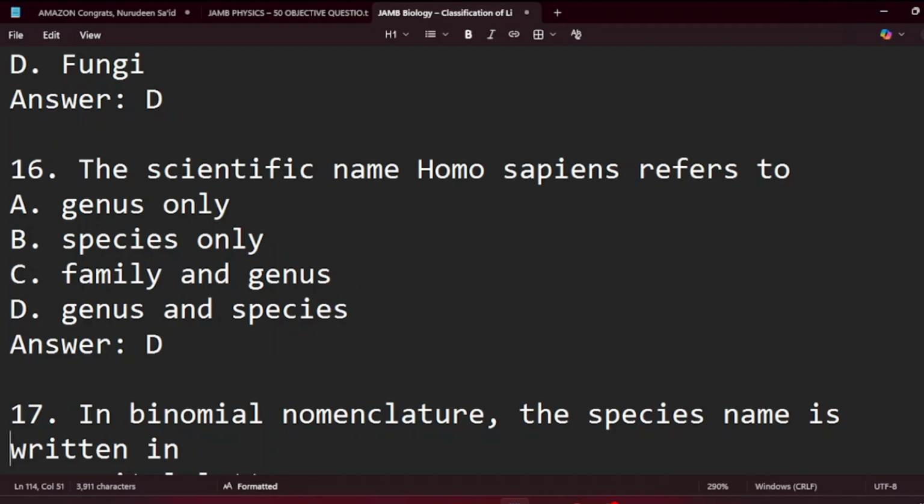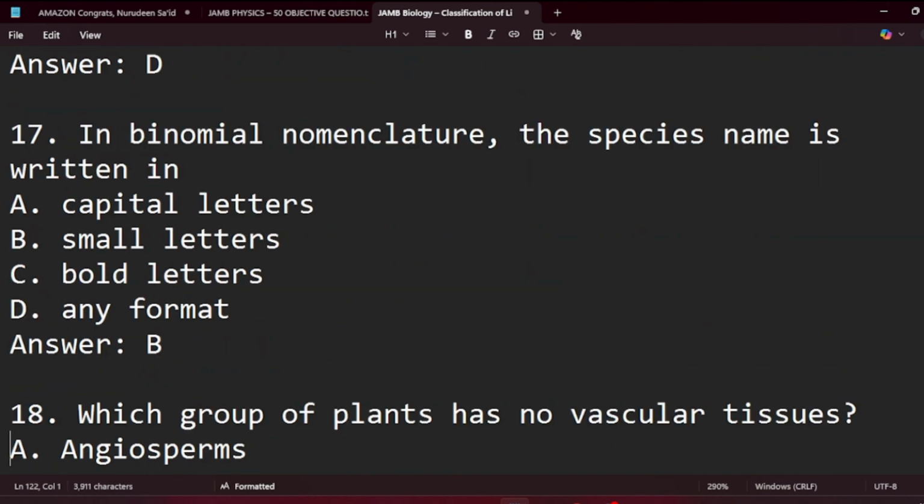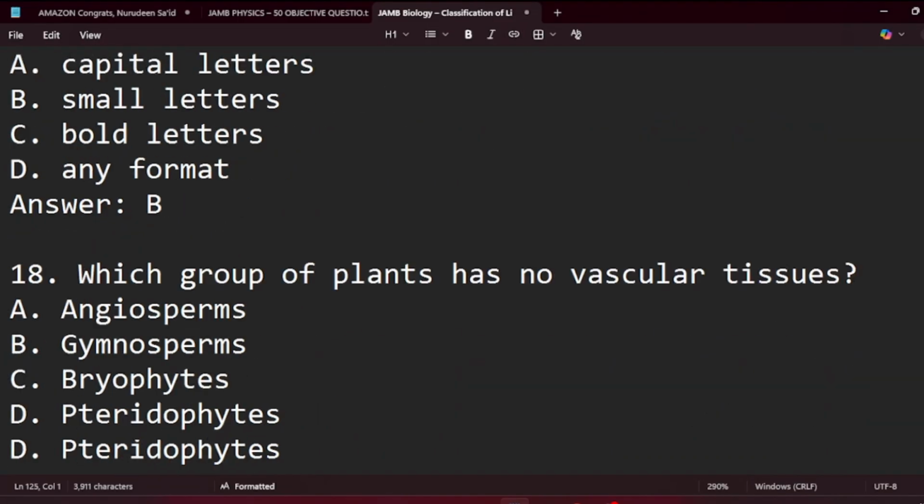The answer is D, which is genus and species. Question number 17. In binomial nomenclature, the species name is written in A, capital letters, B, small letters, C, bold letters, D, any format. The answer is B, which is small letters.